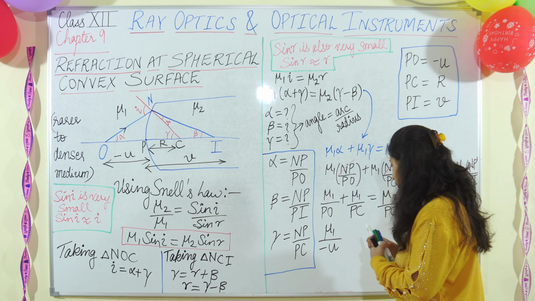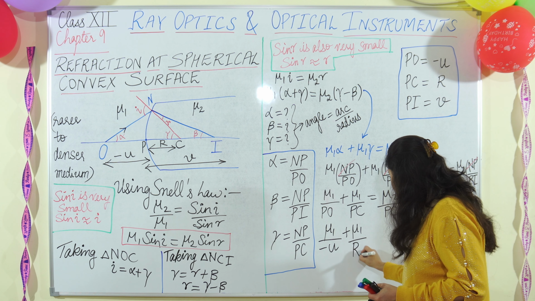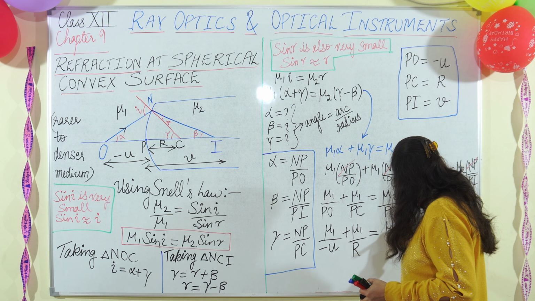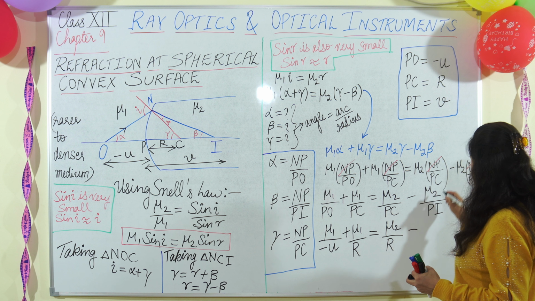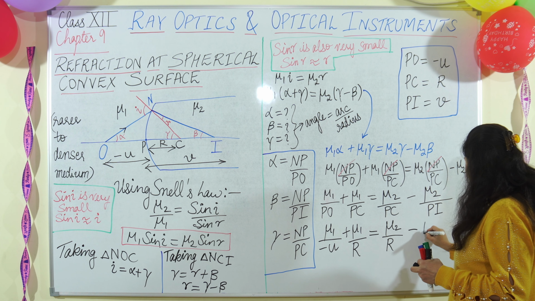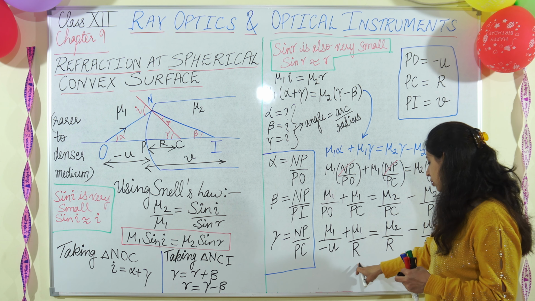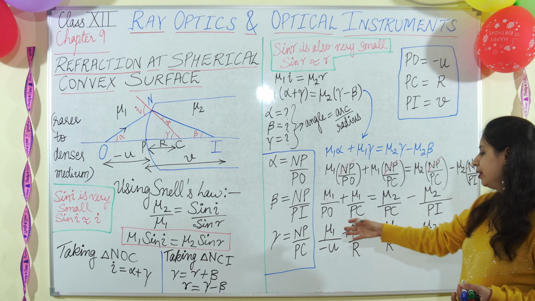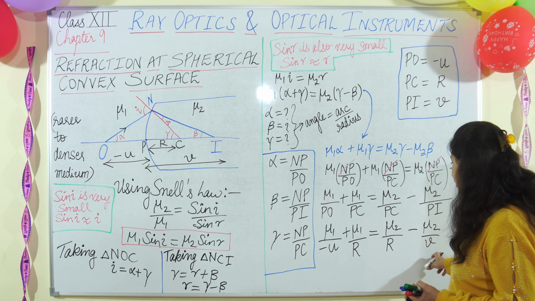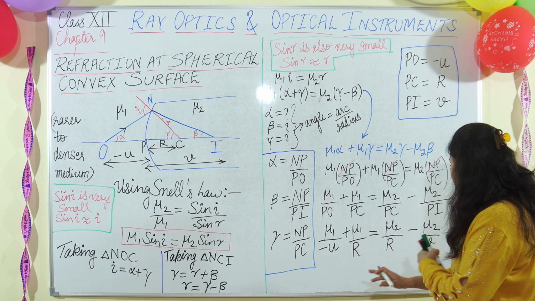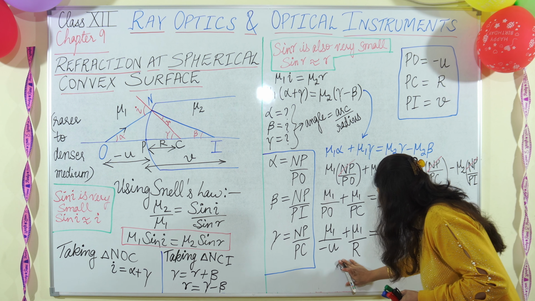So from here we are getting plus mu1 upon R equal to mu2 upon R, and minus mu2 upon V. We can take the terms of R on one side and the rest of the terms on another side. So I am taking this V on that side.